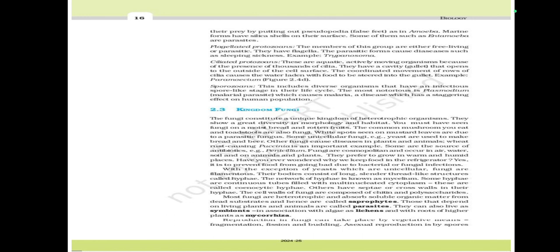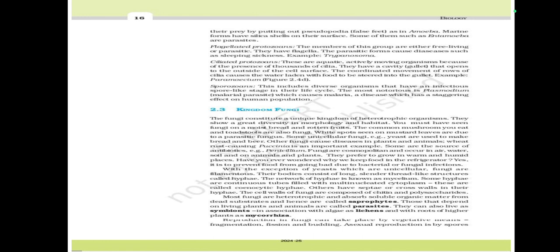They prefer to grow in warm and humid places. With the exception of yeasts, which are unicellular, fungi are filamentous.